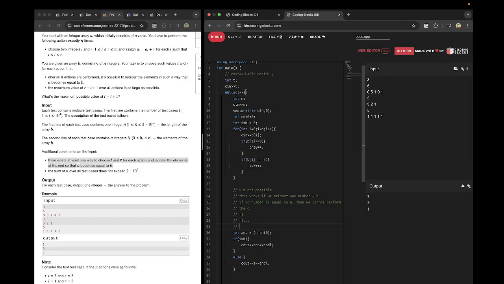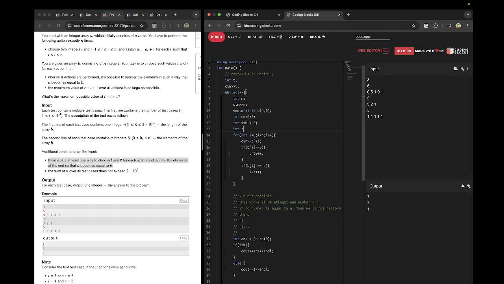Now to do that, I'll have to count the sum of all numbers. So we have the sum of all numbers. That's the max number that we can go, and this will always be greater than n. If this is lesser than n, it's not possible. So sum is always greater than n.